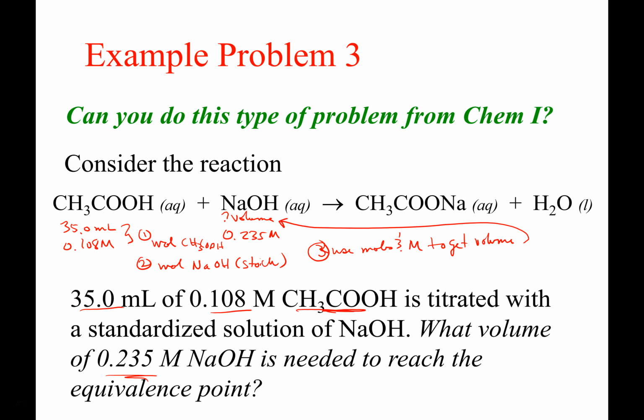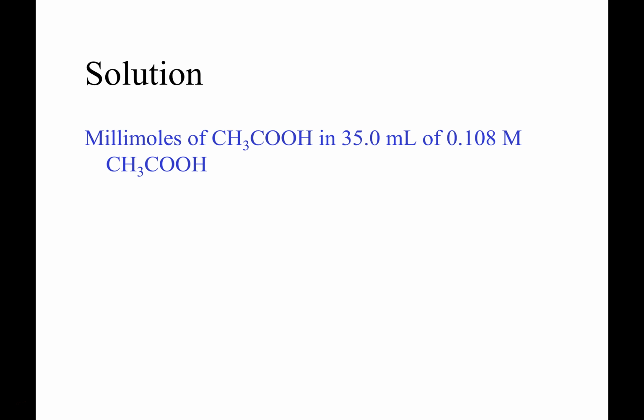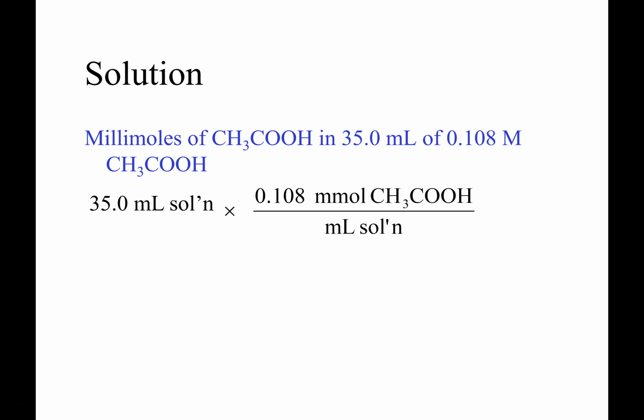All right. So here's what that looks like. We're going to stick with millimoles so we don't have to mess with the 1,000 milliliters in 1 liter. For acetic acid, we have 35.0 milliliters at a molarity of 0.108 millimoles per milliliter.